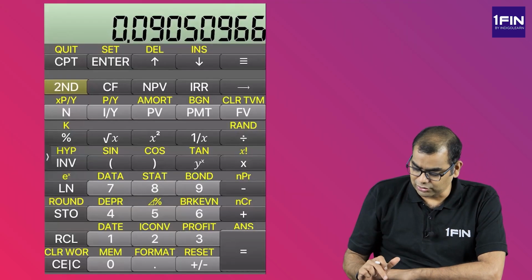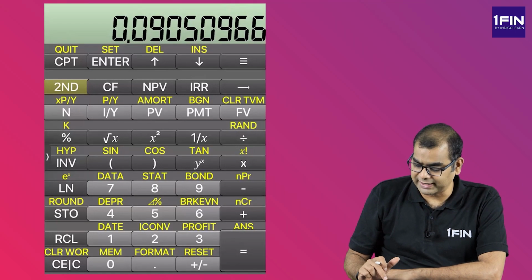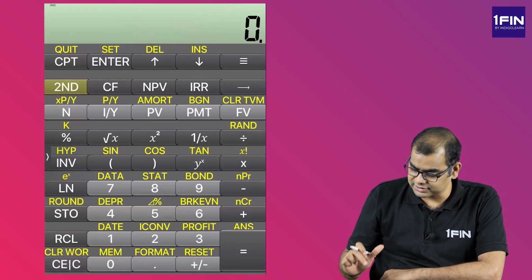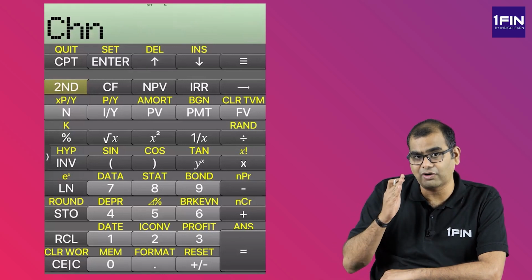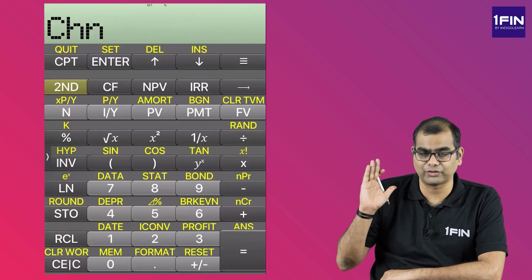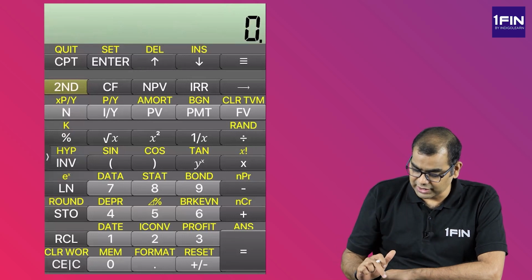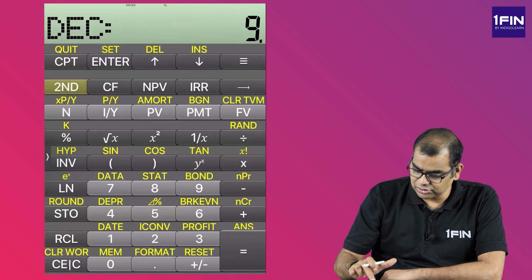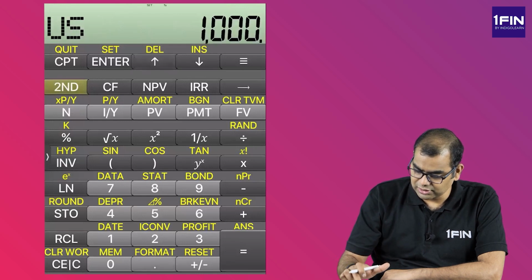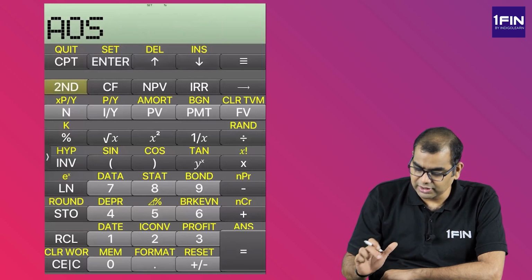Now, can we do it simpler without having a bracket? What is our setting here? Setting for this is chain. Chain means it follows the logic in which you have given. So instead of chain, let us change it to AOS.